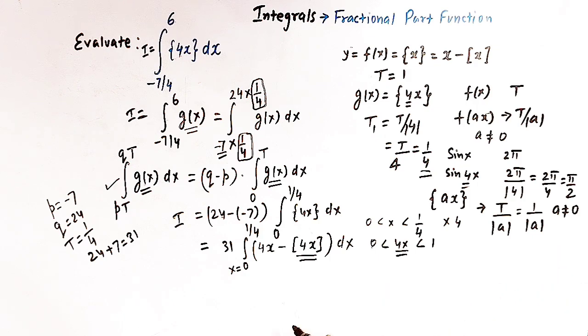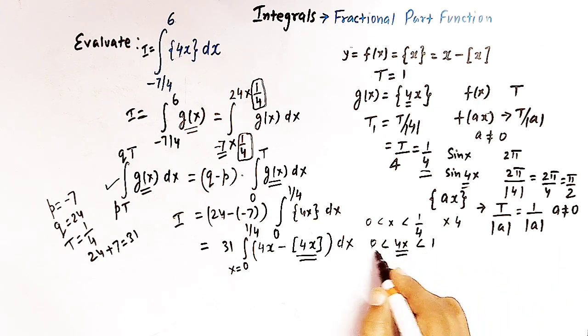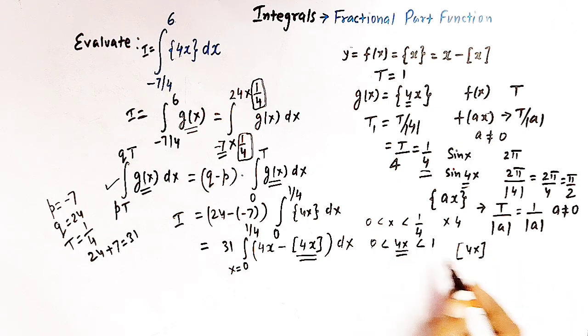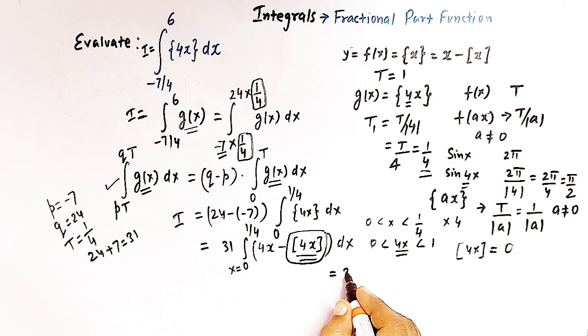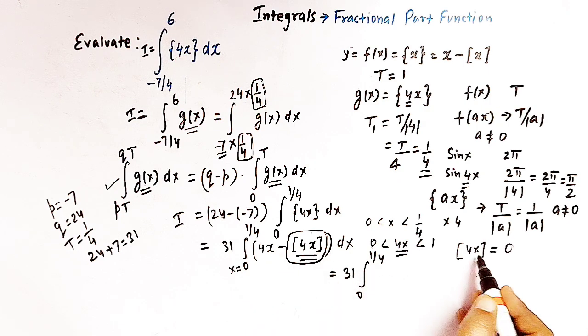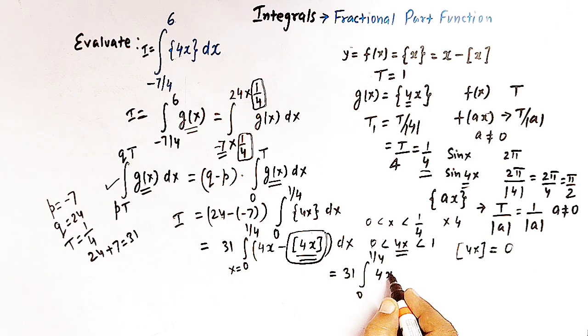By the definition of the greatest integer function, for anything lying between 0 and 1, the greatest integer of that term is equal to 0. So this term is equal to 0. Now we are left with 31 times the integral from 0 to 1 by 4 of 4x minus 0, because the greatest integer of 4x is 0. So we have simply 4x dx.